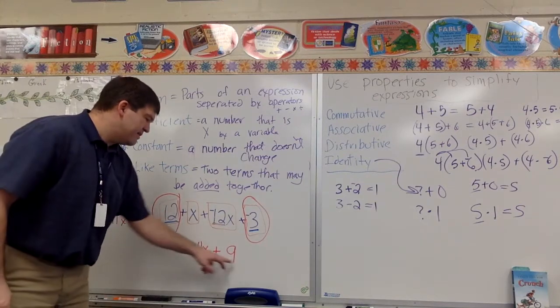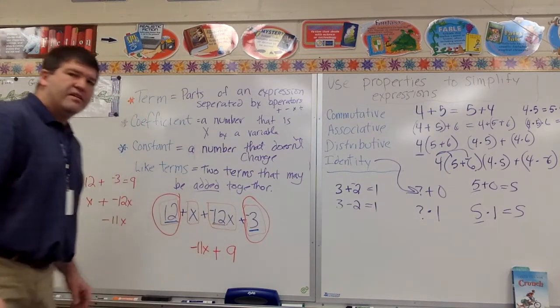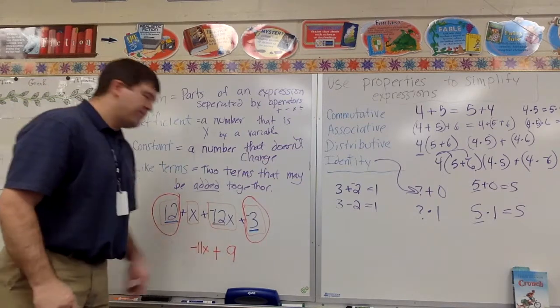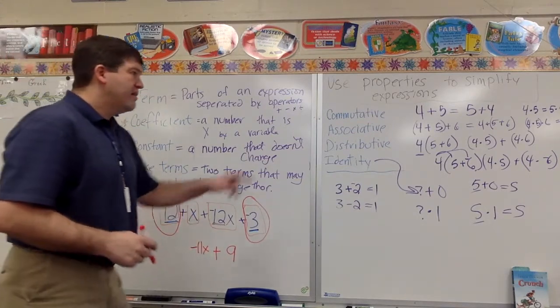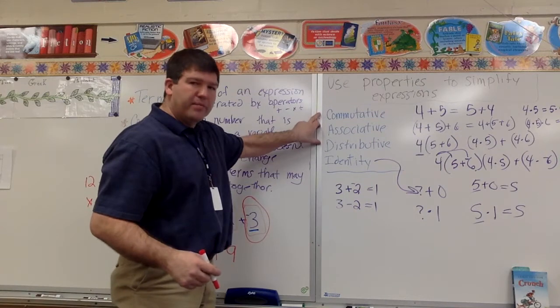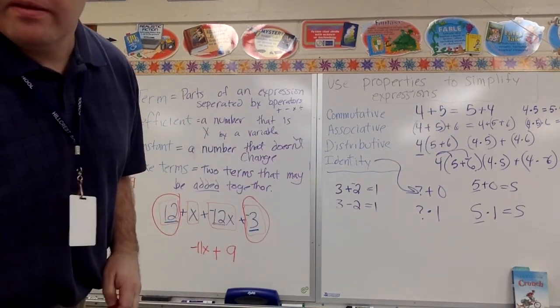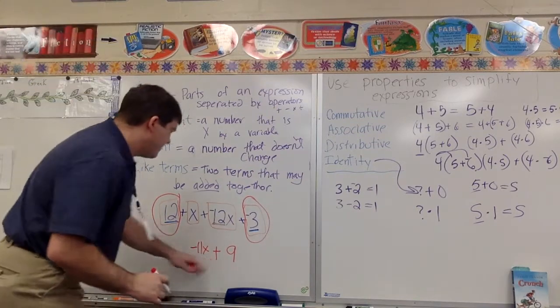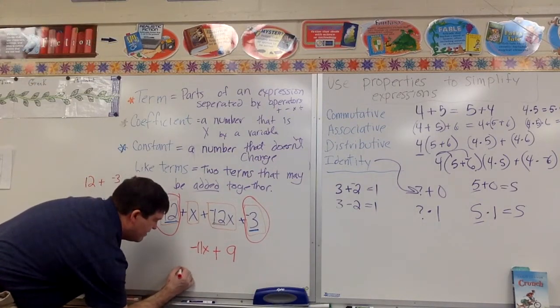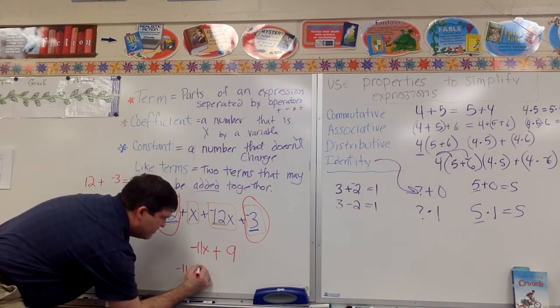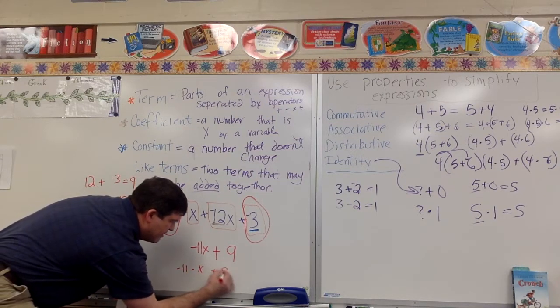I cannot put these together. These are not like terms, and I'll tell you why you can't. You can't do it because of these properties over here. This really is negative 11 times x plus 9.